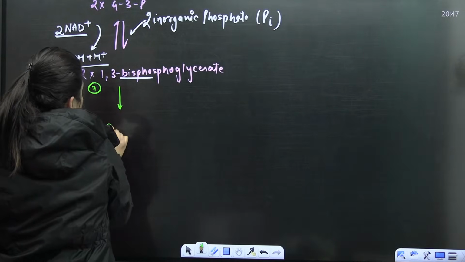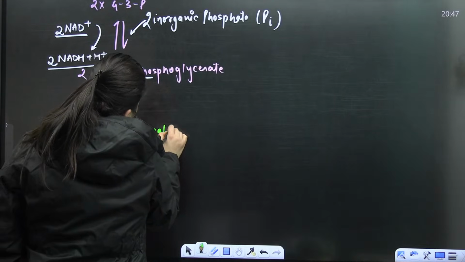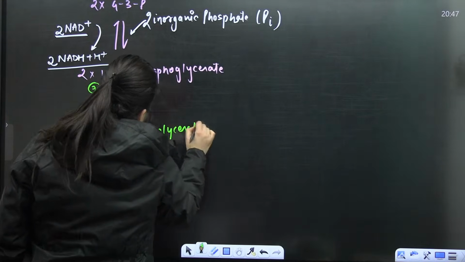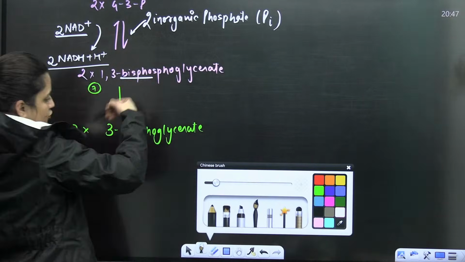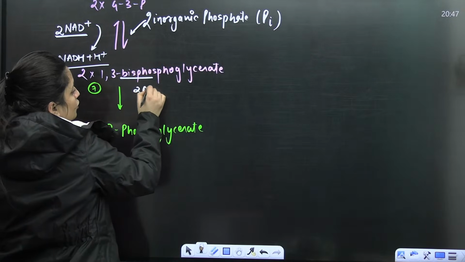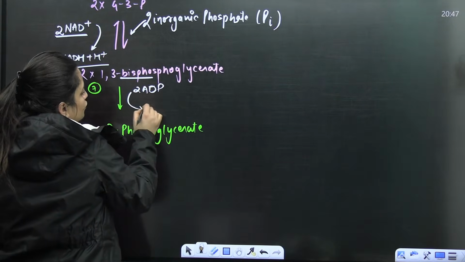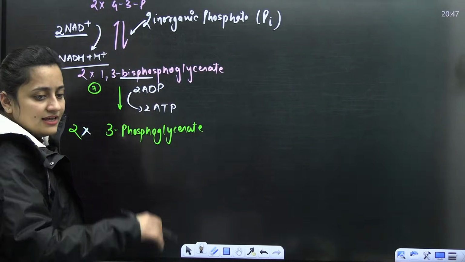This is the 3-phosphoglycerate step, a very, very important step. Because 2 G3P are there, I'm multiplying here with 2. So here 2 ADP will give us 2 ATP. This is again an irreversible step.